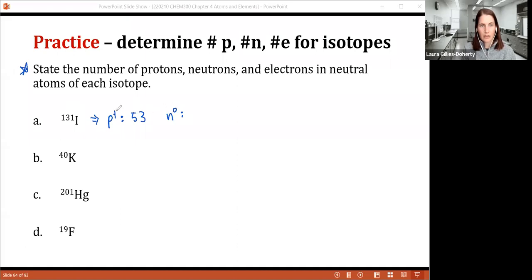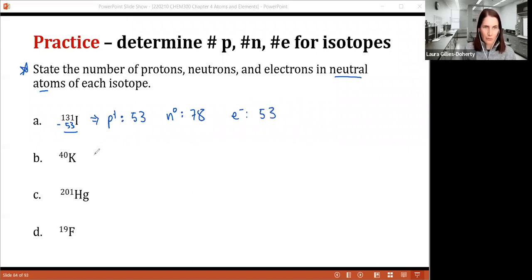So our number of neutrons is going to be 131 minus 53, the number of protons. Let me just pull out my calculator quick so I don't mess up that math in my head. 131 minus 53 gives us 78. And then the number of electrons, this is a neutral atom, so the number of protons and electrons will be equal.